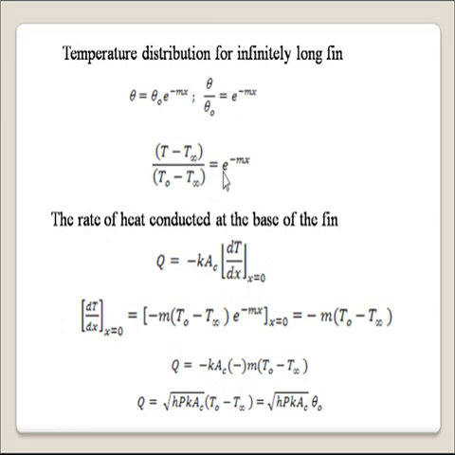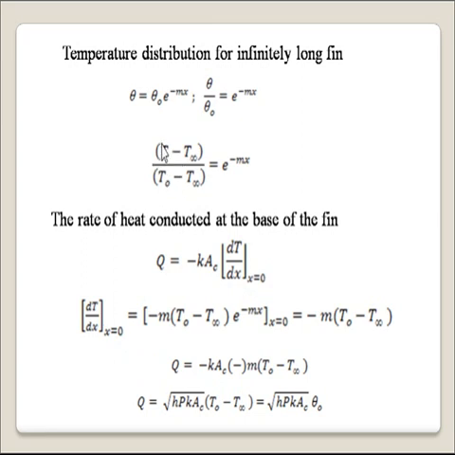Now we'll see the heat transfer from the infinitely long fin. The rate of heat conducted at the base of the fin, Q, is equal to minus kAc dT by dx at x equal to 0, according to Fourier's law. Now dT by dx at x equal to 0 we obtain from the temperature distribution equation.